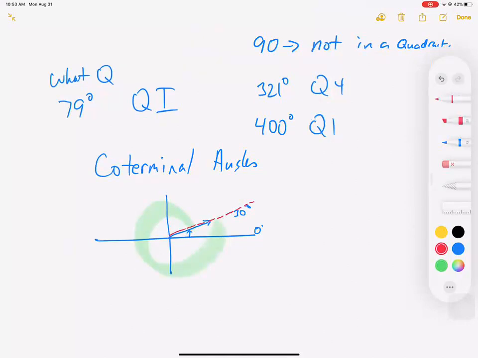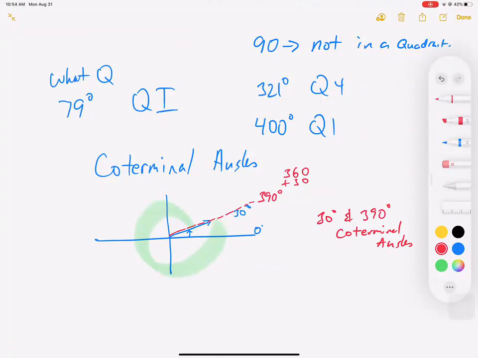This would be 360 plus 30, which is 390 degrees. Now 30 degrees and 390 degrees are coterminal angles. The word coterminal literally means sharing a terminal point or sharing a terminal angle. They stop at the same spot.